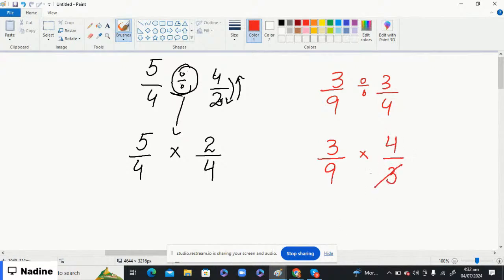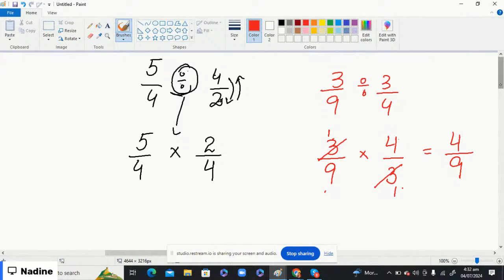Now look, this 3 is the same, so we cancel out. Here it's 1, here it's 1. 4 times 1 is 4, 9 times 1 is 9, and that is your answer. We get it.